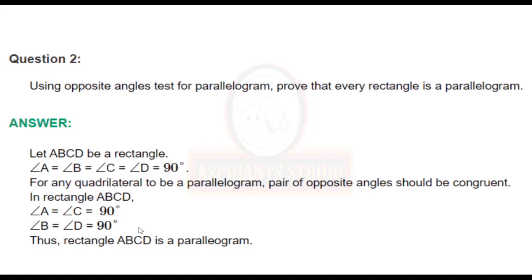Therefore, angle A is congruent to angle C and angle B is congruent to angle D. Therefore, rectangle ABCD is a parallelogram. Within brackets you write, a quadrilateral is a parallelogram if its opposite angles are congruent.